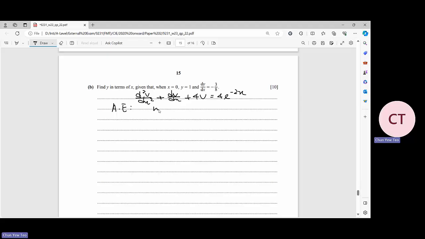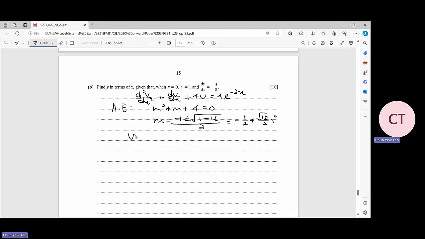AE, I have m squared plus m plus 4 equal to 0. My m will be found using the quadratic equation formula, negative b plus or minus square root of b squared minus 4ac, divided by 2a. Then I have negative half plus or minus root 15 over 2 i.